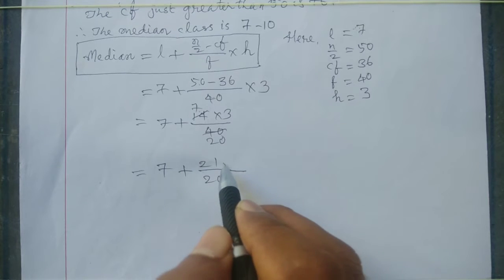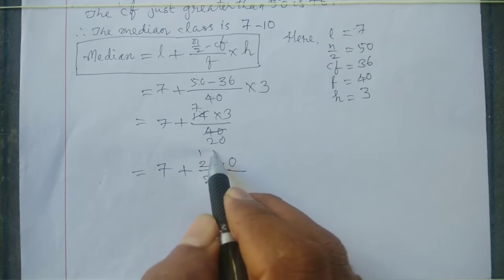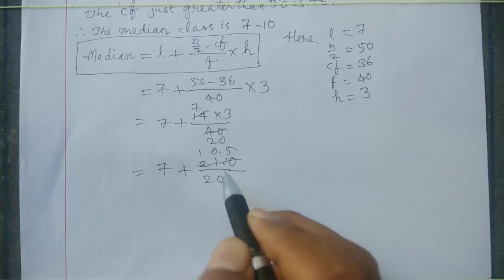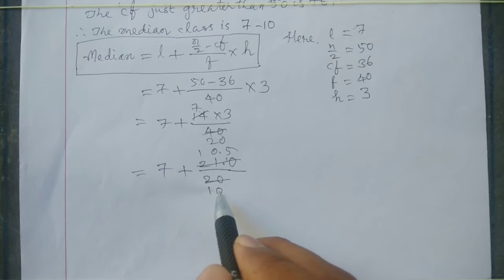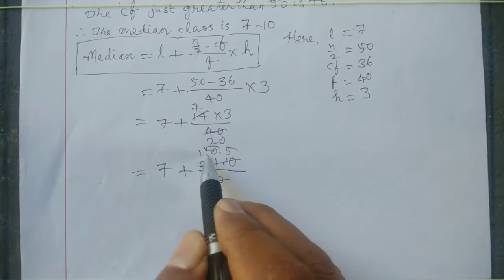First we cancel with the 2 table, by 2 ones, 2 zeros. To divide by 10, we have to shift the decimal to the left by 1 place.